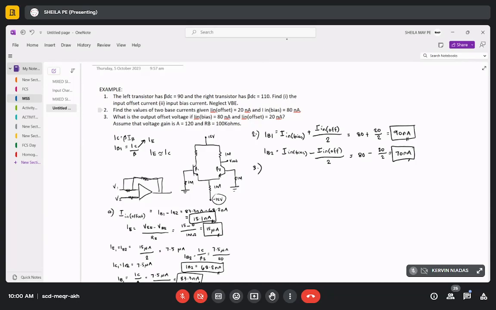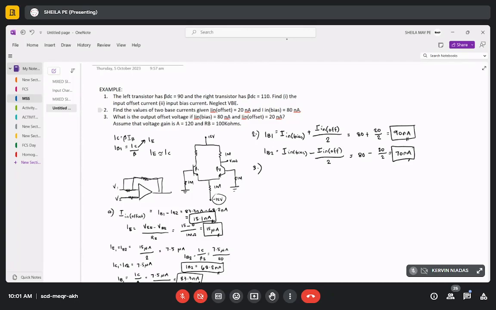For number 3, what is the output offset voltage if input bias current is 80 nano and input offset current is 20 nano? Assume that voltage gain is 120 and RB, base resistance, is 100k ohms. Okay.